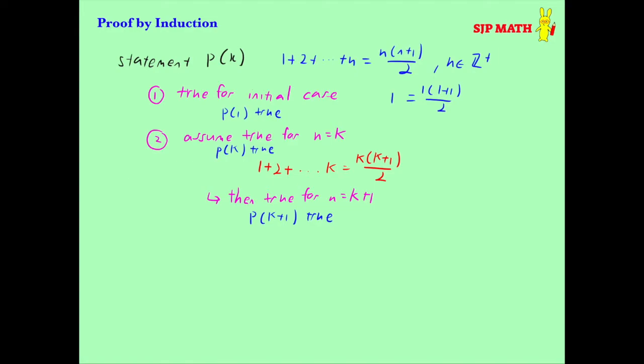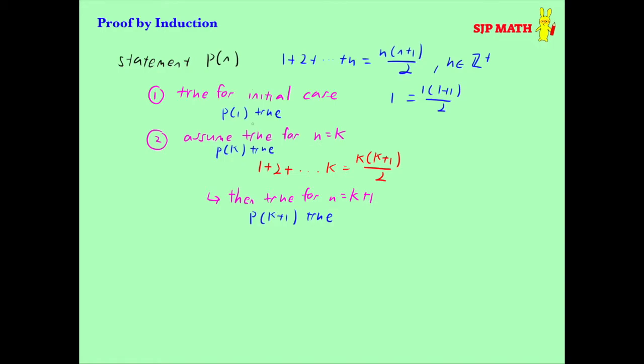There's a bit of a typo here. It should be P of n, I'll just write P of n to match these. So we're saying that if we assume that this step is true, then the next step will be true.